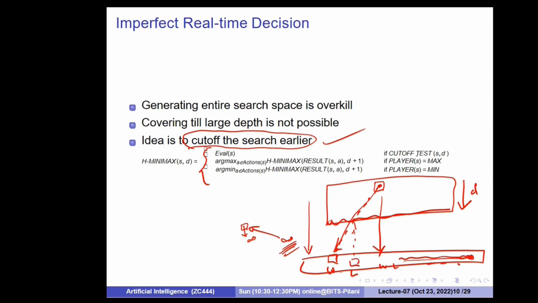Will this be useful? Yes, it will be useful because ultimately it is going to give you some answer. I'm not sure that it is the best answer or not, but it will give you some answer, because the game must proceed. If the game is not proceeding, that is a big issue. Am I right or not?